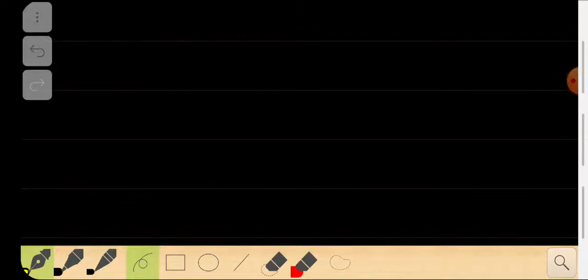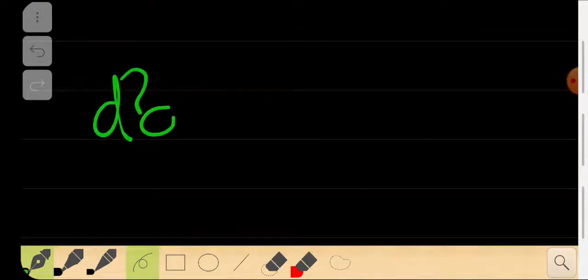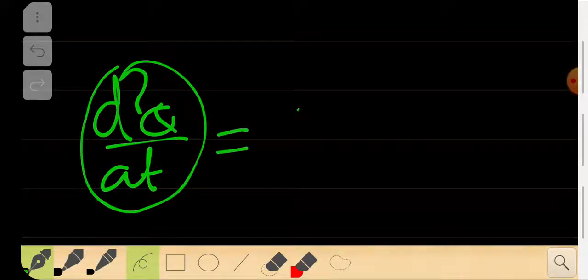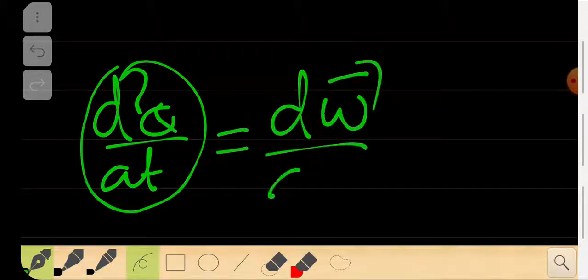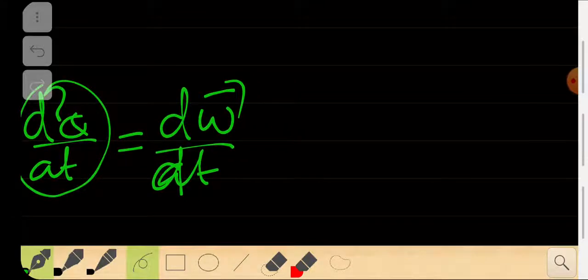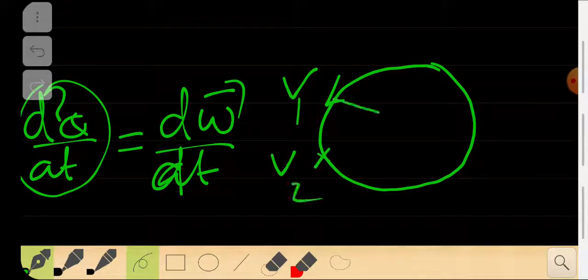Now the same thing happens with d square theta by dt square. If you take d square theta by dt square, that is the time rate of change of omega, that is d omega by dt, right? Which means that when you move around in a circle, your velocity at this point and the velocity at this point, v1 and v2, will be increasing.